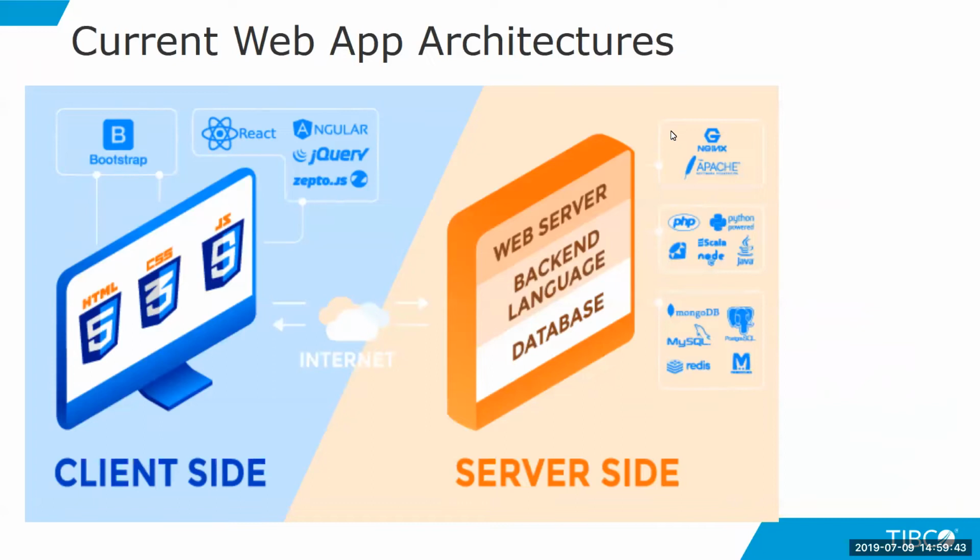Now we've got these very rich JavaScript-driven front-end environments on the client side, like React and Angular and so on. And then you've got the back-end processes written in PHP or something like that doing, say, the business logic and other things, as well as having data.